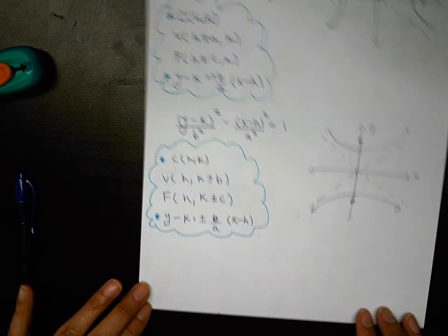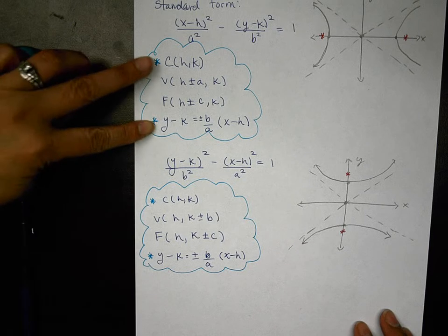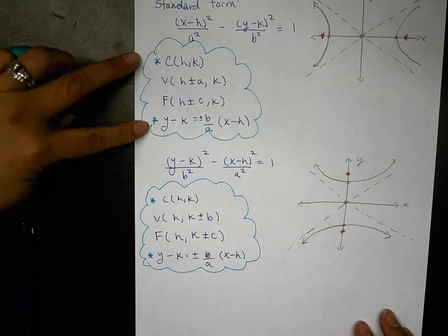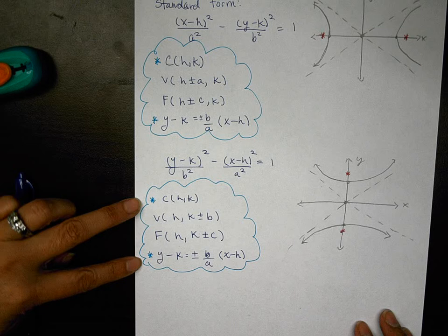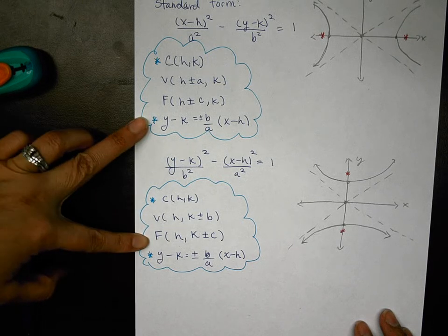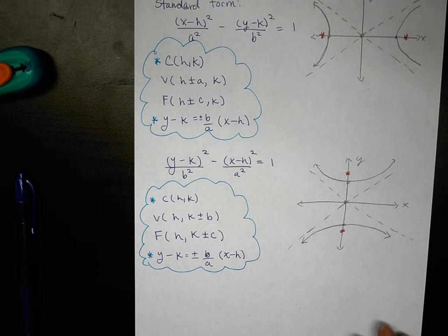Okay, now notice the two formulas that we're all going to use are exactly the same regardless of which form we're using, and that's nice. Y minus k equals plus or minus b over a times x minus h.